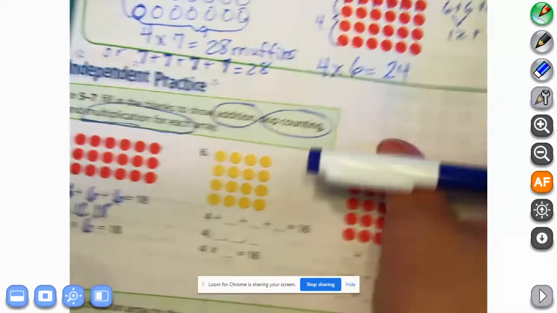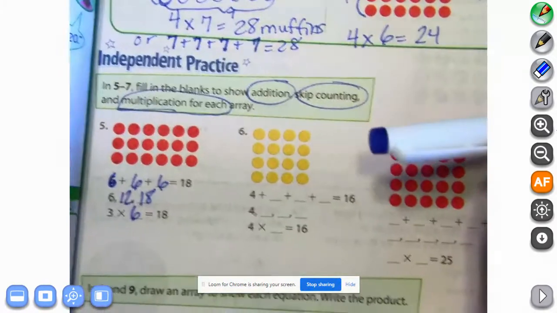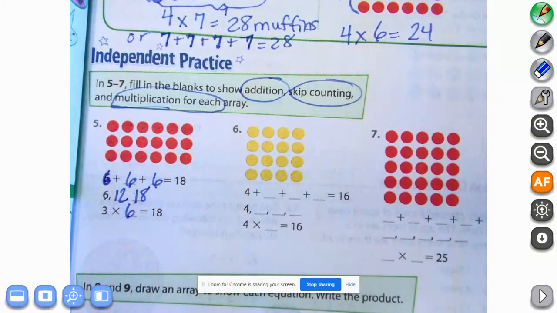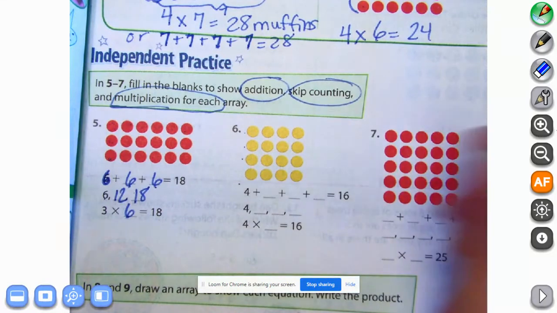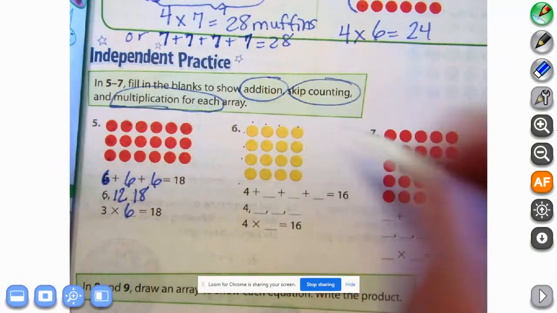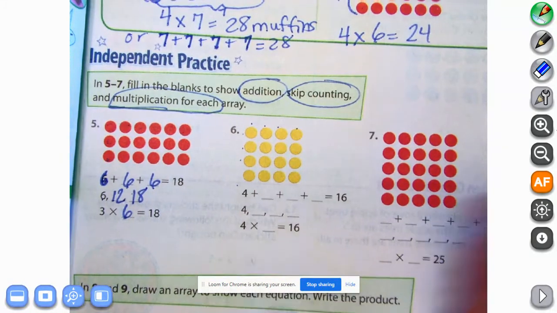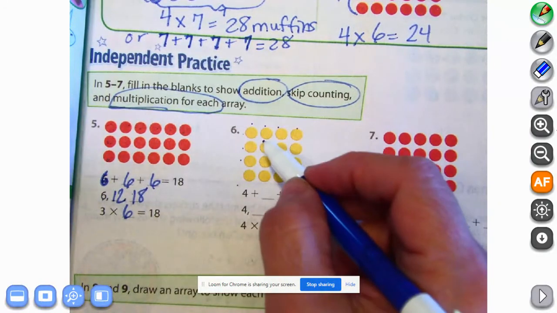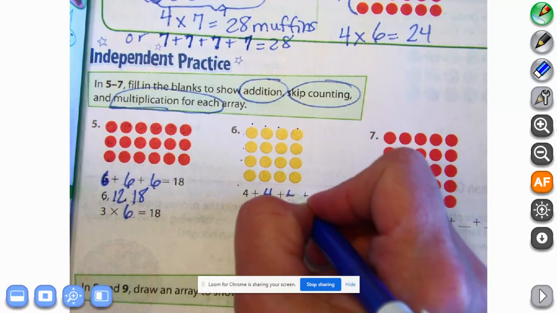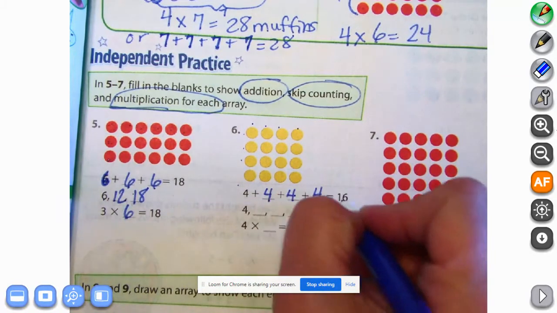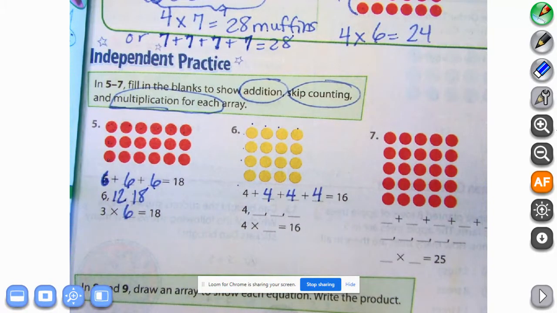Okay, so practice this with me because your homework will be just like this. Number 6, we have 1, 2, 3, 4 rows, and there are 1, 2, 3, 4 in each row. So that means we're going to add 4 times. 4 plus 4 plus 4 plus 4 is equal to 16.